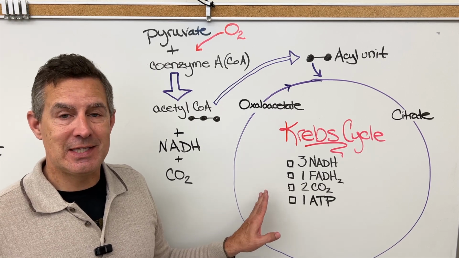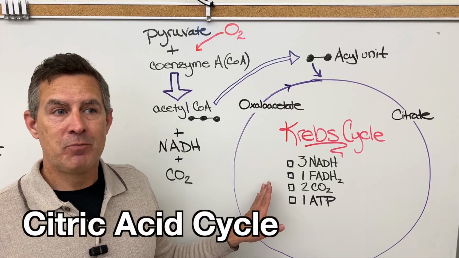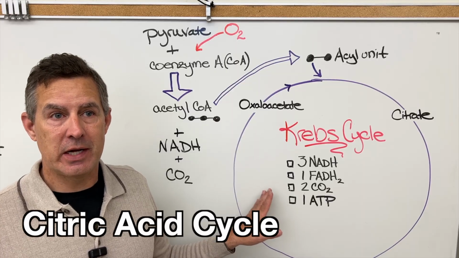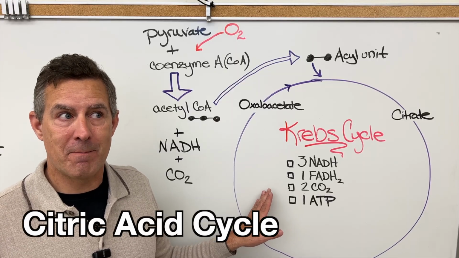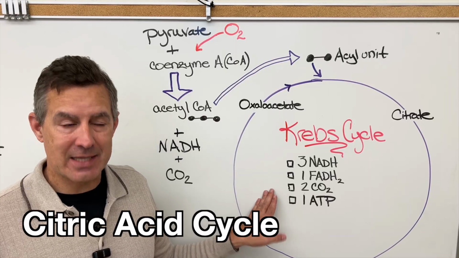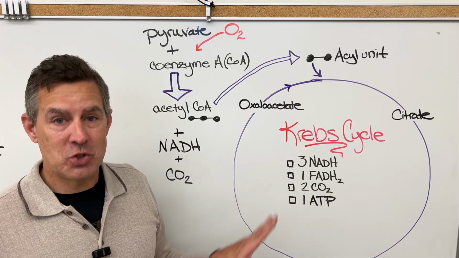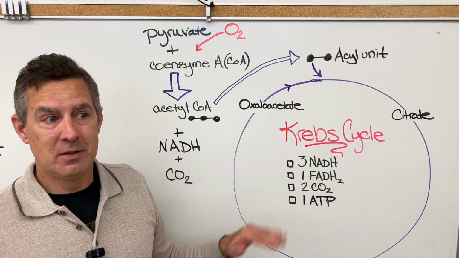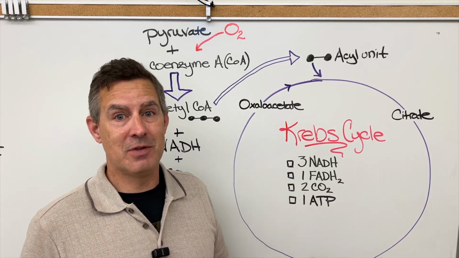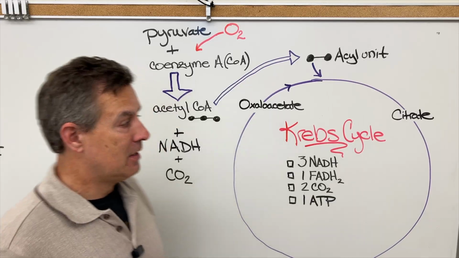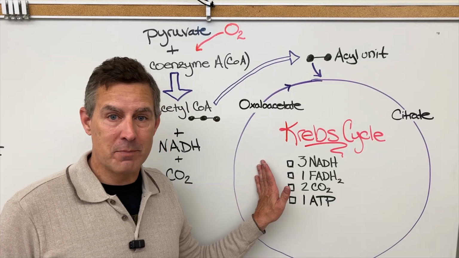It's also known as the citric acid cycle, and also known as the tricarboxylic acid cycle, which is hard for me to say. So I generally say just Krebs cycle. Krebs cycle is easier for me to say than even the citric acid cycle. So from here forward, we'll call it the Krebs cycle.